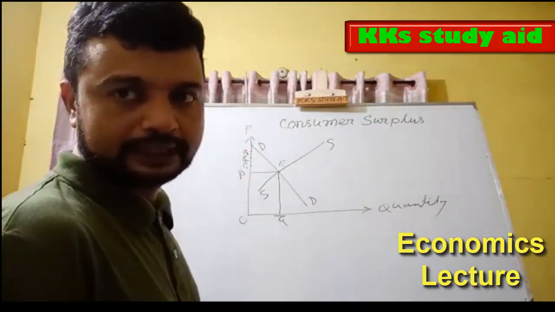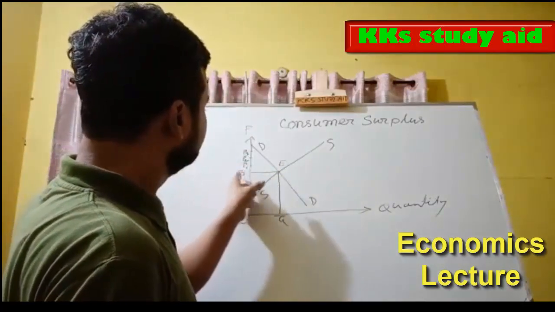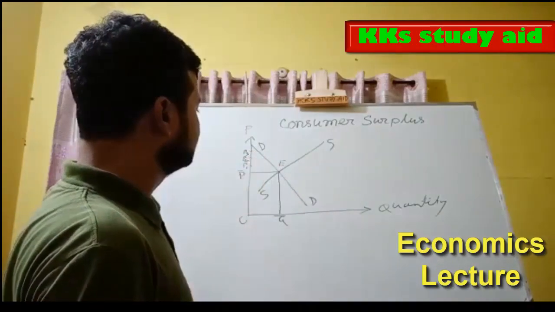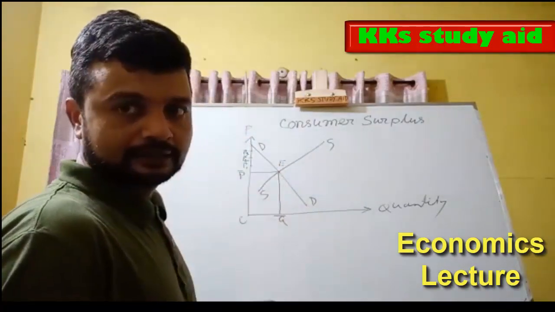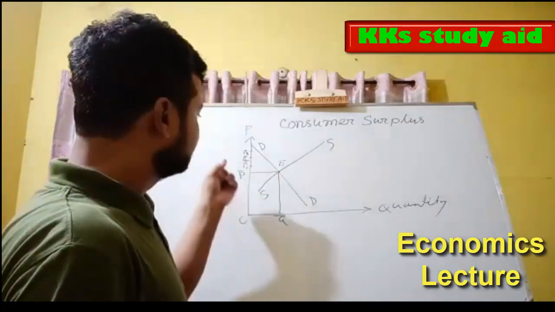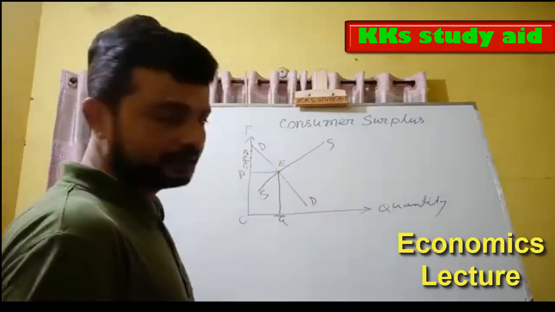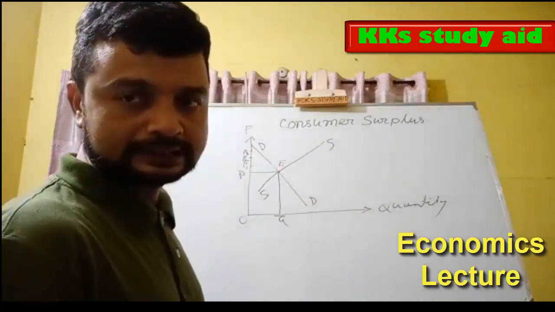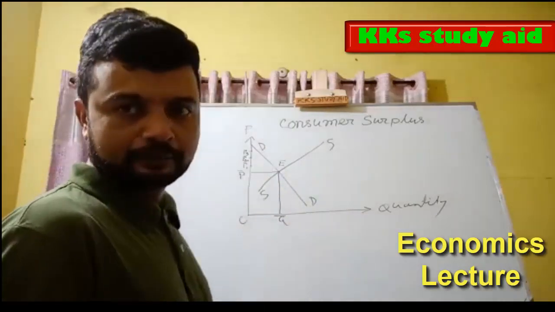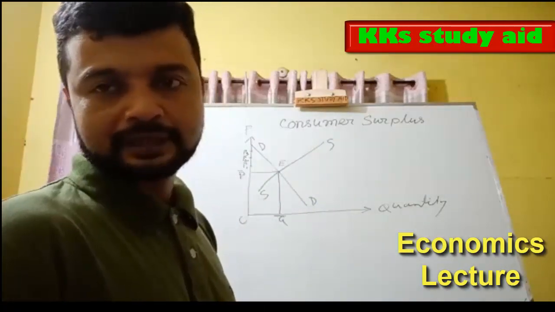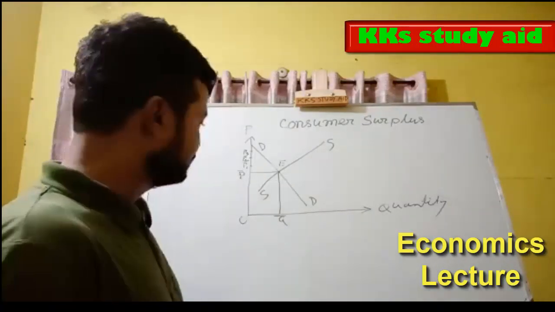There will be so many points here on the vertical line, and each and every point can be described as the demand price under the demand curve DD. So here we see that there are a lot of prices which are higher than the market price. So obviously there will occur a consumer surplus.